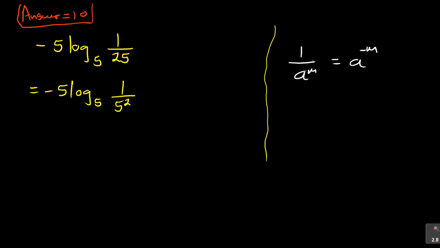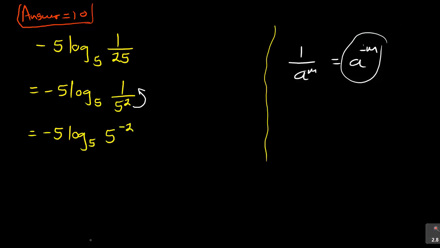You see, the fraction has gone and it is replaced by that negative. Same thing here, if I take this to the top, it will be equal to minus 5 log base 5, and then it's 5 to the power negative 2.